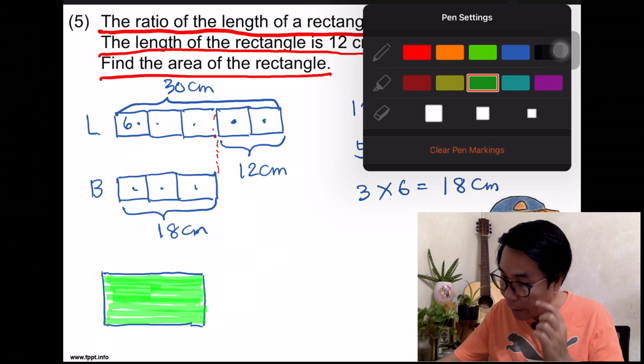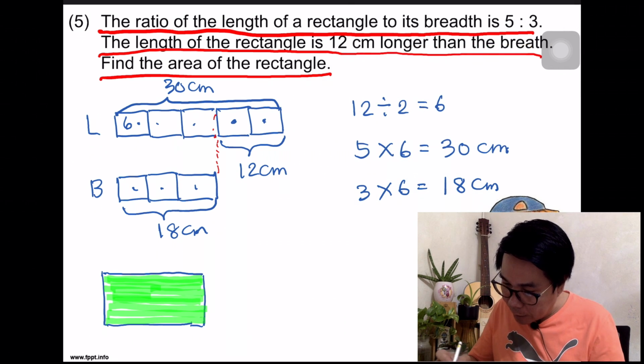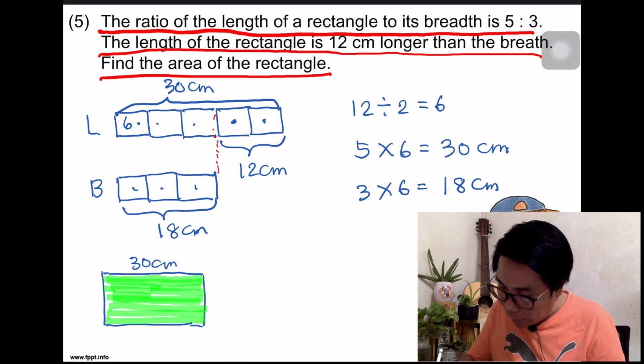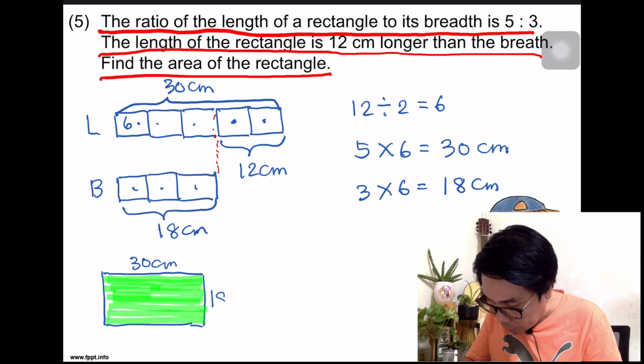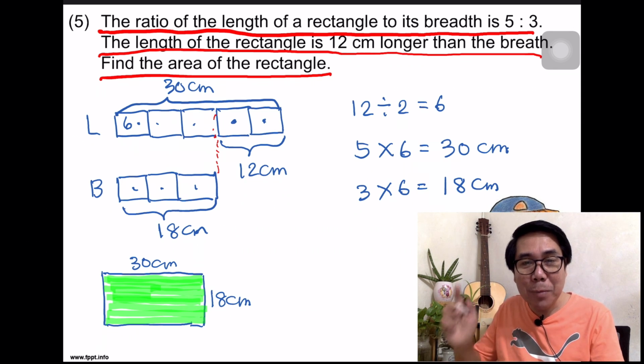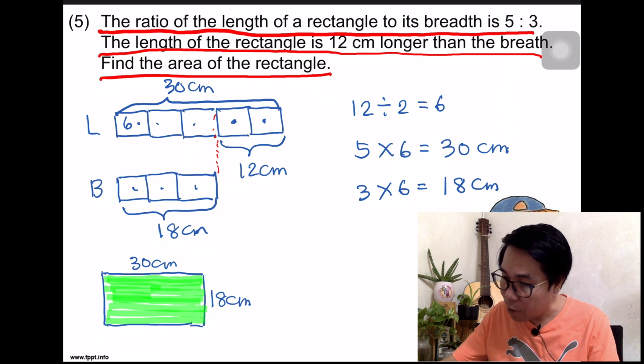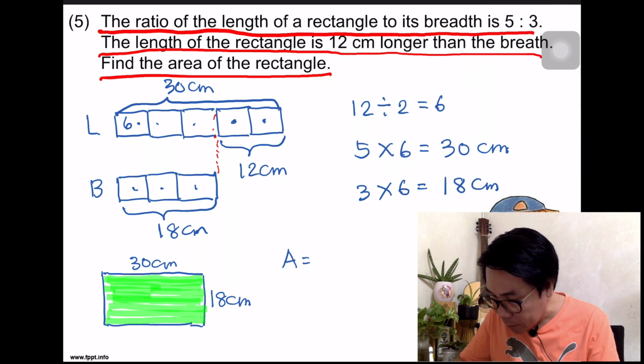You see that the length is 30 centimeters and the width is 18 centimeters. Remember, when we find the area, the formula for the area of a rectangle is area equals length times width.